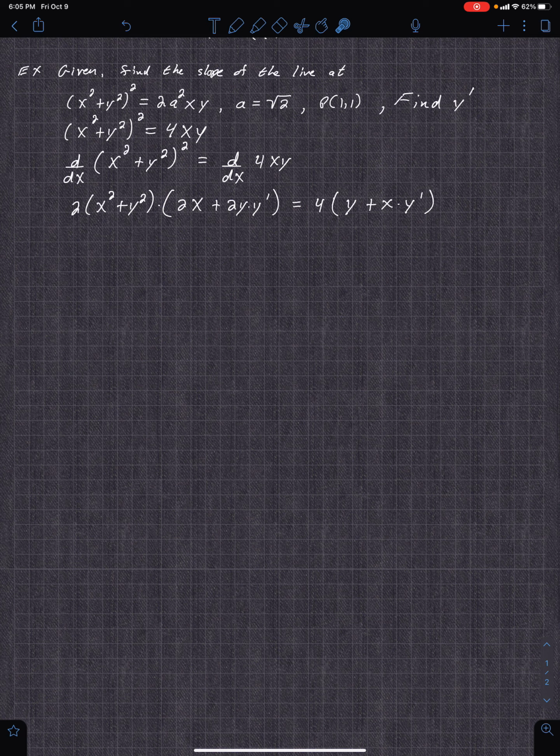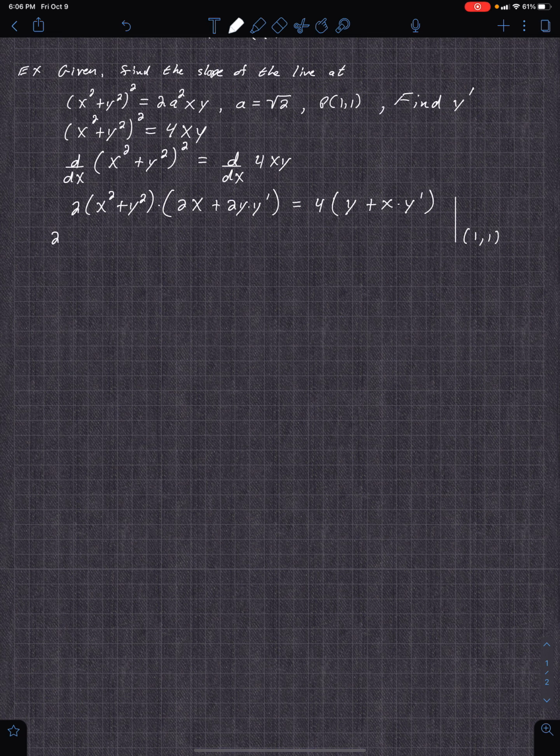Actually, at this stage, we may want to just substitute because you have all of this mess. If we substitute now for 1, 1, x and y are 1, 1, it'll be a lot easier to solve for our y prime. So let's just do that. You can evaluate this at 1, 1.